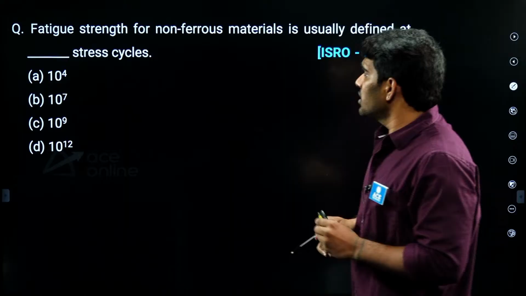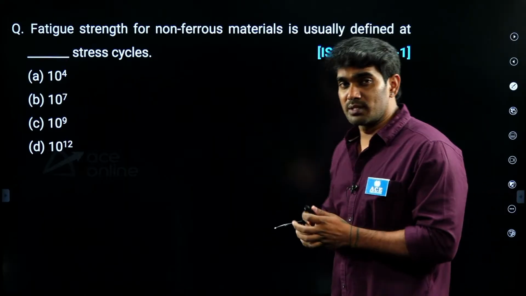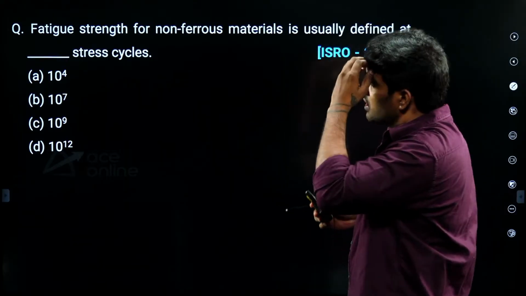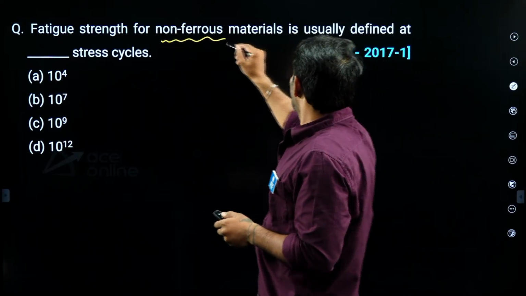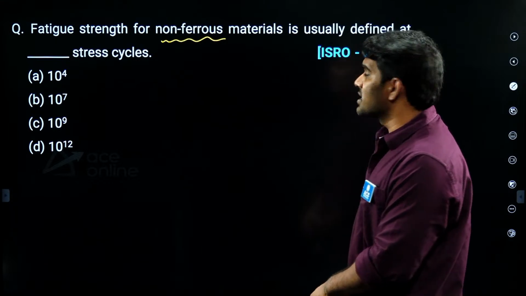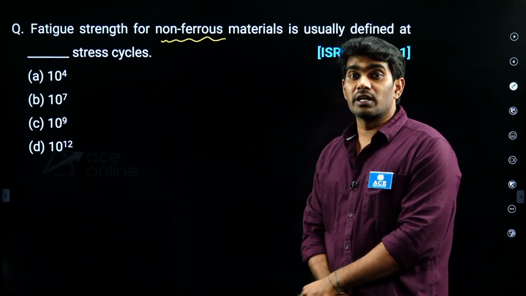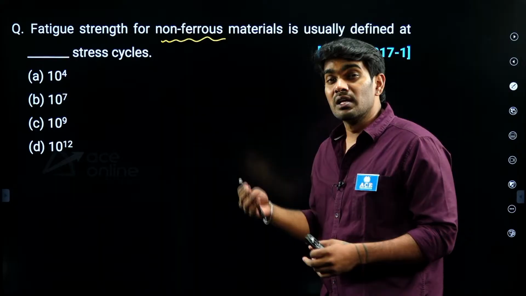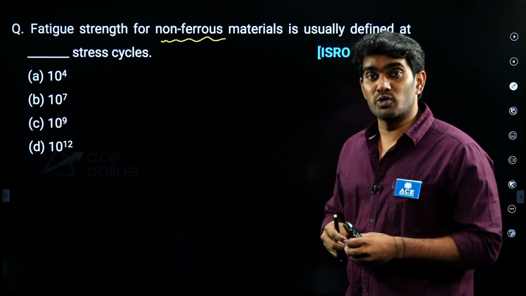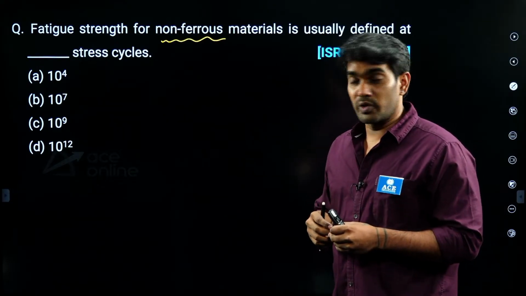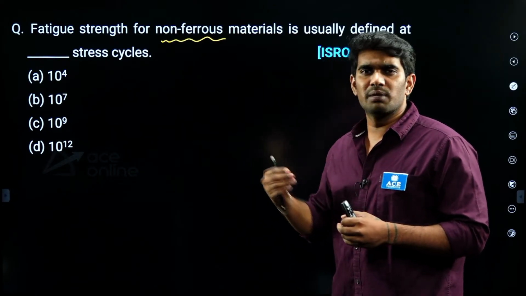Now moving ahead, one more simple question. Here you can notice that it is non-ferrous materials. For non-ferrous materials, generally we do not have a specific endurance limit like mild steel, where the curve is asymptotic at 10 power 6 cycles, which means it is invariant beyond 10 power 6 cycles.